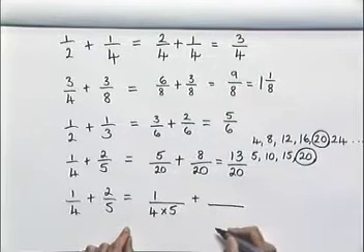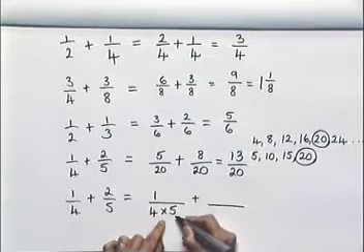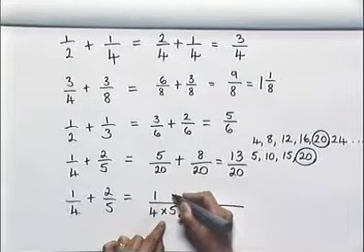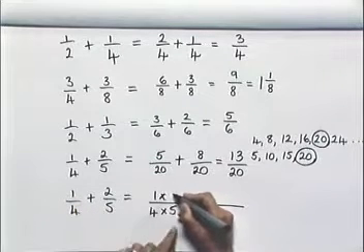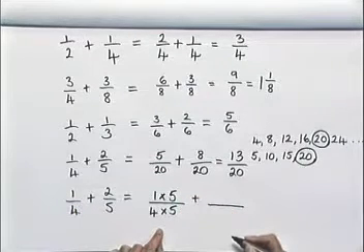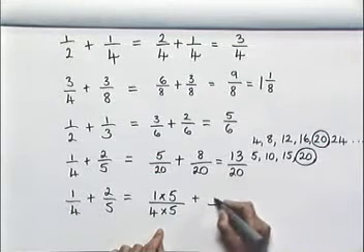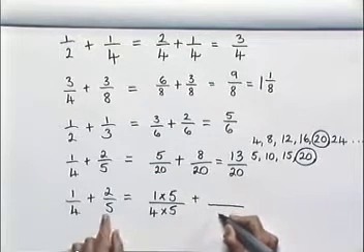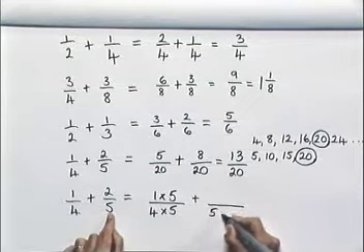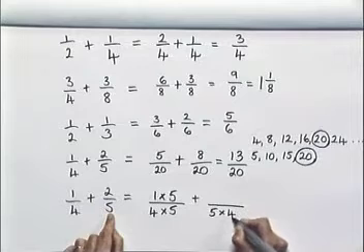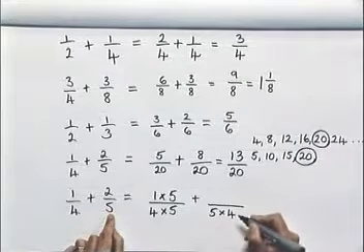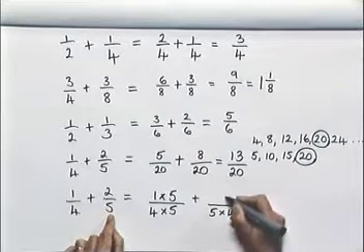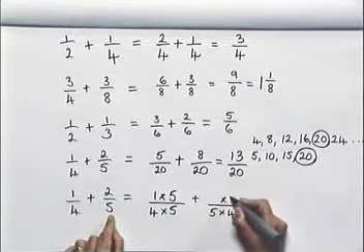Now, with our fractions, whatever we've done to the denominator to find an equivalent fraction, we must do the same to the numerator. So we had to multiply this one by 5 also. Our 2/5, we multiplied the 5 by 4 to make 20. Whatever we multiply the denominator by, we must multiply the numerator by.